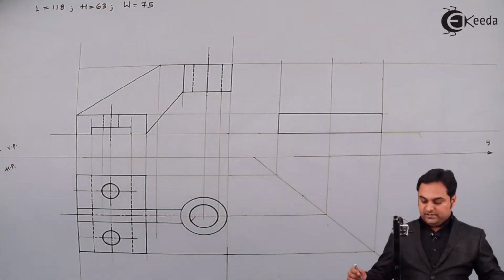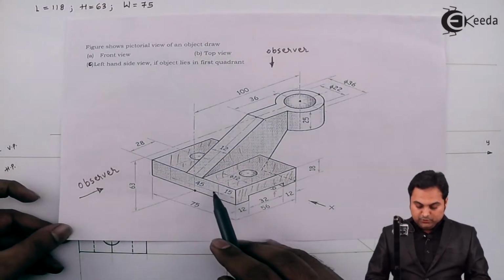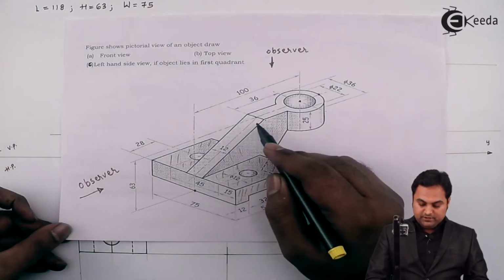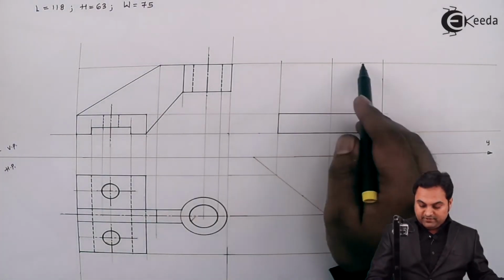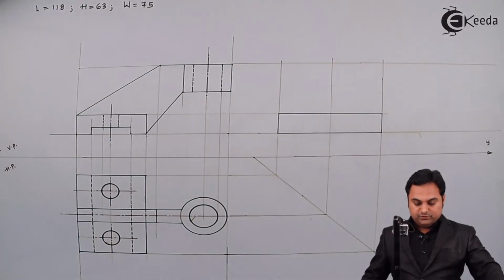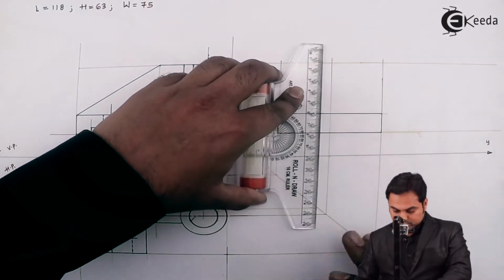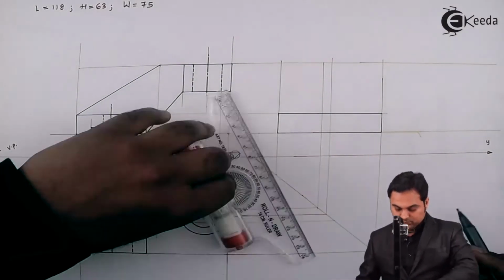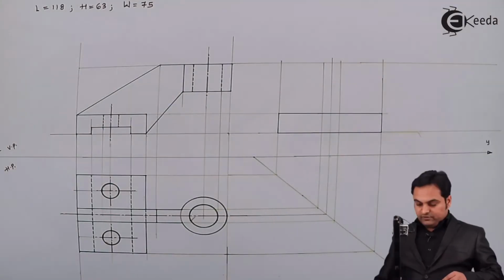So this is the center line, and then after this block the rib is visible. The height of the rib we can get from the front view, so here we have the height of that rib. Next, the width we can get from the top view, so I am projecting the width of the rib. So here is the rib which will be visible from the side view.